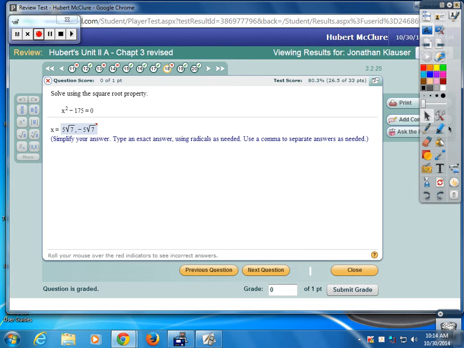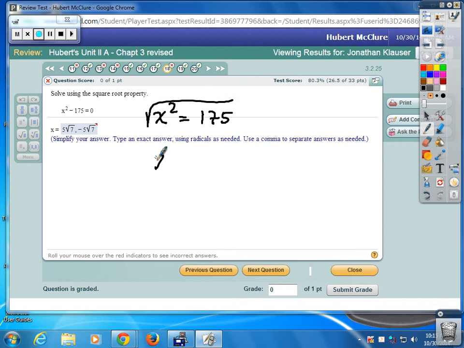That's real simple, right? You get x squared. I'm sorry, I'm going to have to write it. I can't write it in mouse. X squared is equal to what? Take the square root of both sides. X is equal to positive or negative square root of 175.